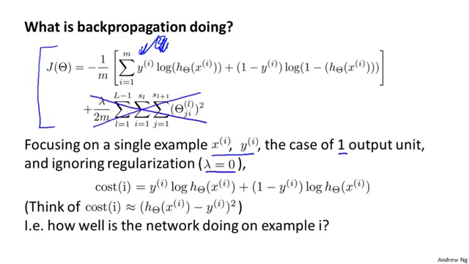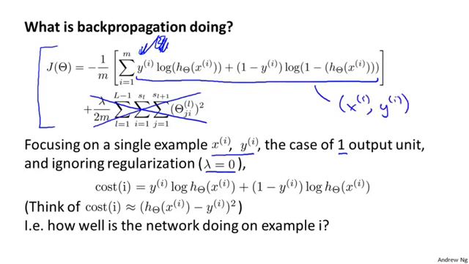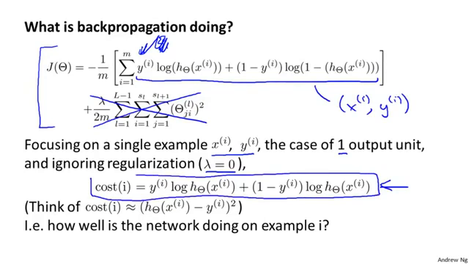Now, if you look inside this summation, you find that the cost term associated with the ith training example, that is the cost associated with training example xi, yi, is given by this expression. What this cost function does is it plays a role similar to the squared error.